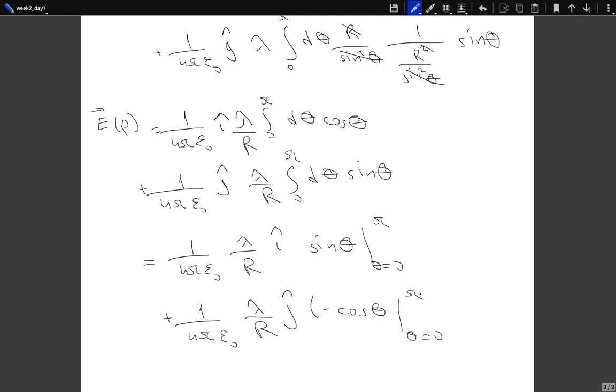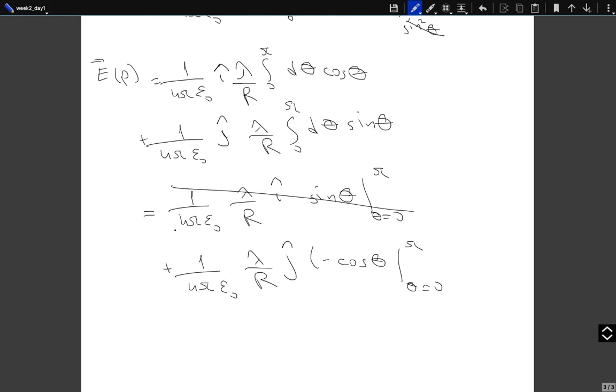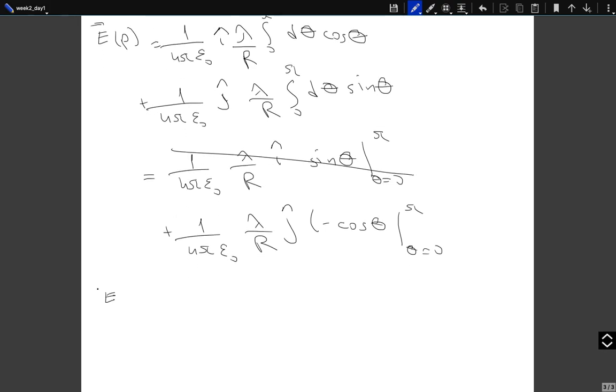Well, let's see. What is sine of pi? Sine of 180 degrees is 0. Sine of 0 is 0. So this term is 0. The electric field at the point P is 1 over 4 pi epsilon 0 lambda over r in the j hat direction, which is the vertical direction. It is pointing away from the wire.